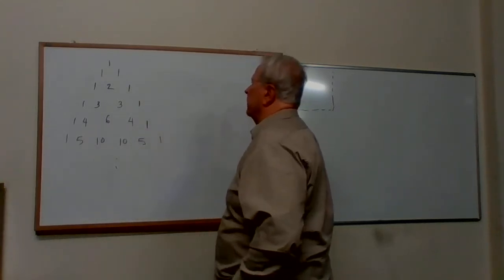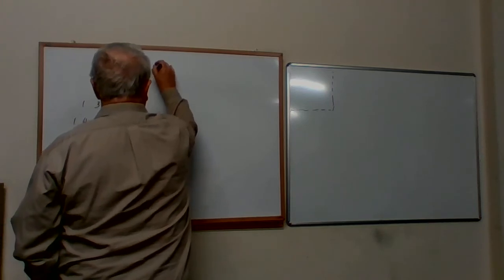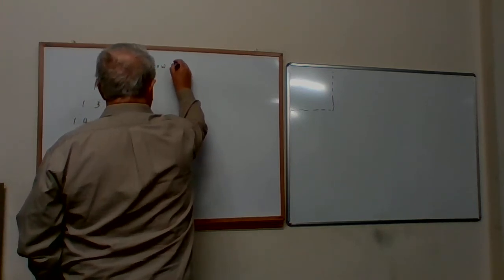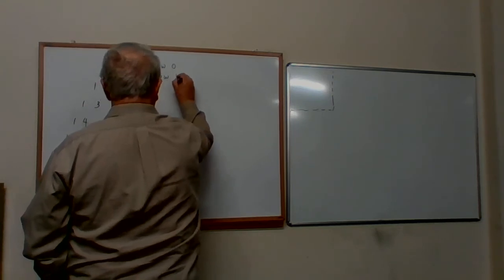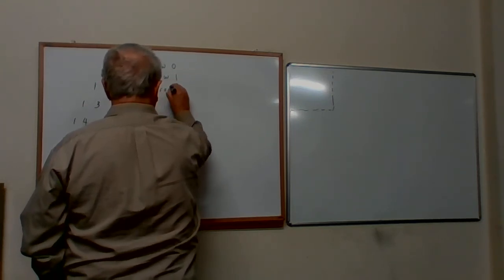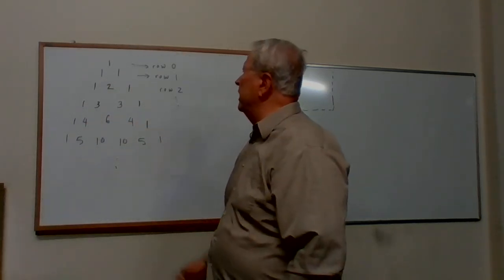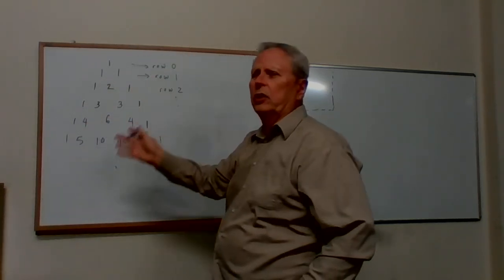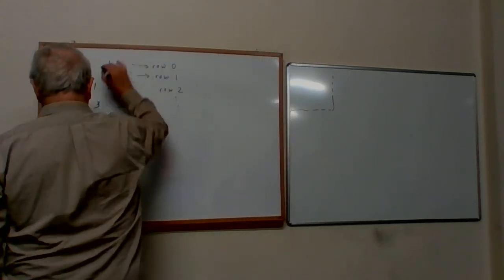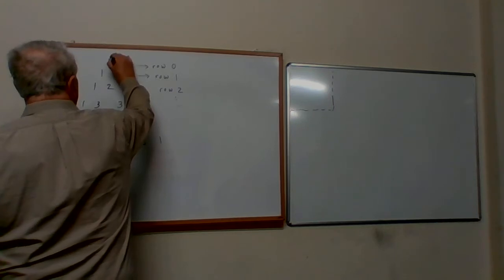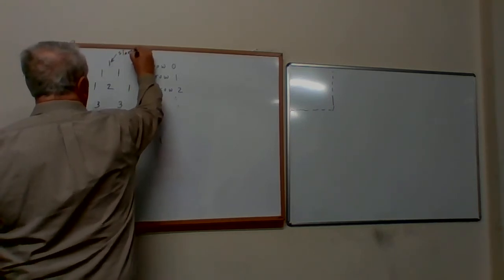Now, the rows are numbered from 0 on. Row 1, row 2, etc. And then the slants are going to be numbered, so that this is slant 0.